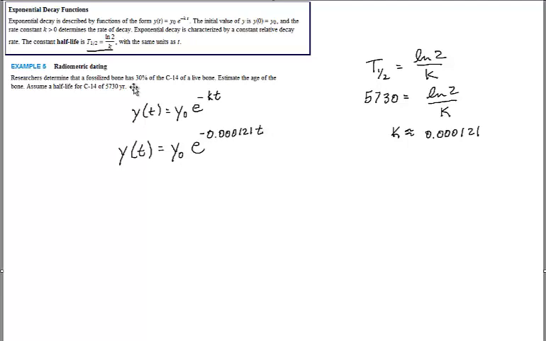And we want to know how old this bone is, and there's about 30% of it left. So however much it is that you find, you know that y of t divided by your original is about 30% left. So that's going to be 0.3 equals e to the minus kt.